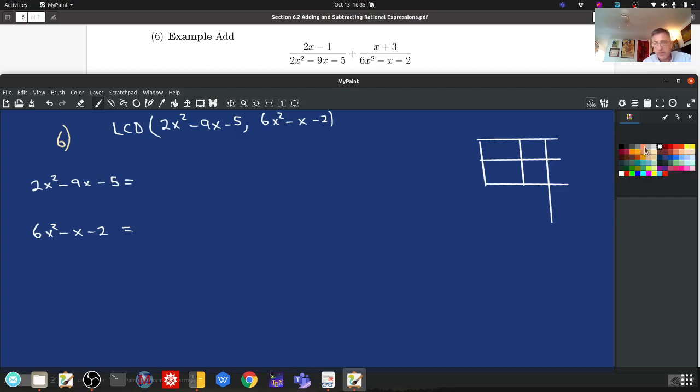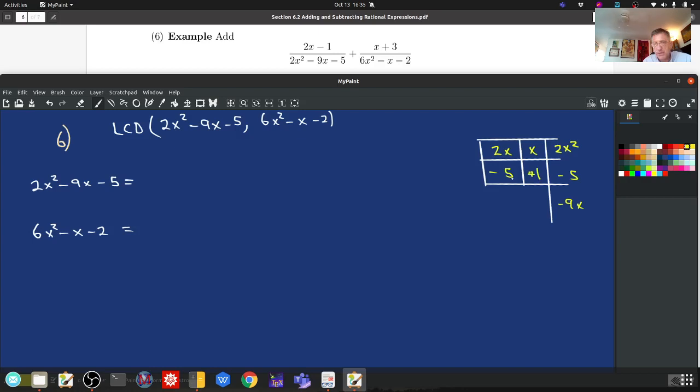So I have 2x squared, minus 5 and minus 9x. So this is going to be 2x and x. That's going to be minus 5, and that's going to be plus 1.